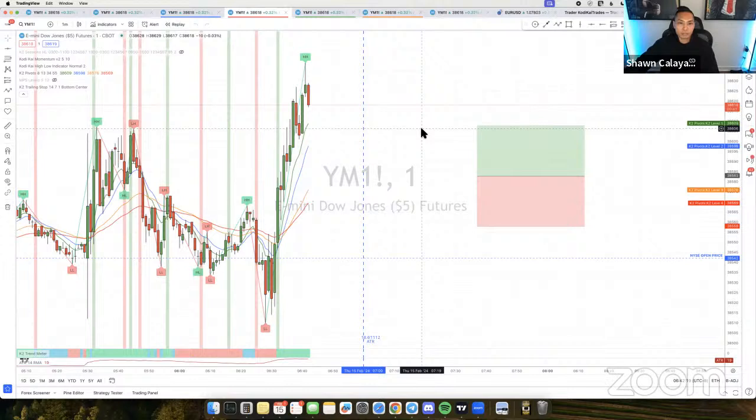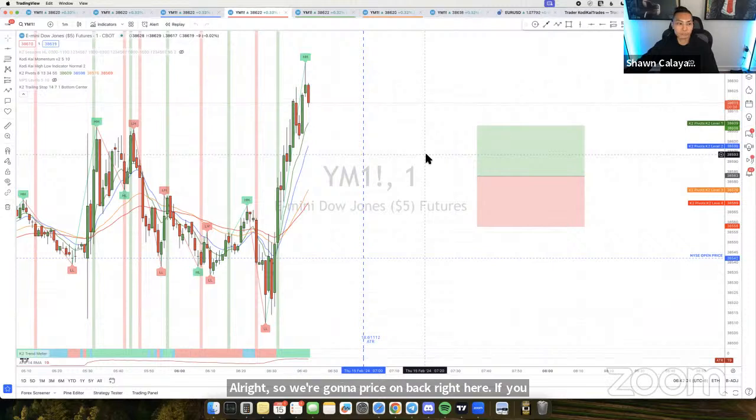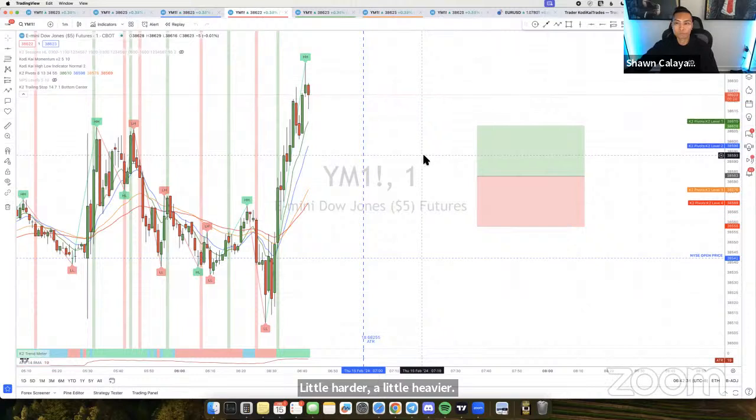All right, so we're getting price pulling back right here. So you need to pull back a little harder, a little heavier. It's just the volatility is starting to die down because we're getting closer and closer to news. But this looks like it could possibly be the retracement that we are looking for.